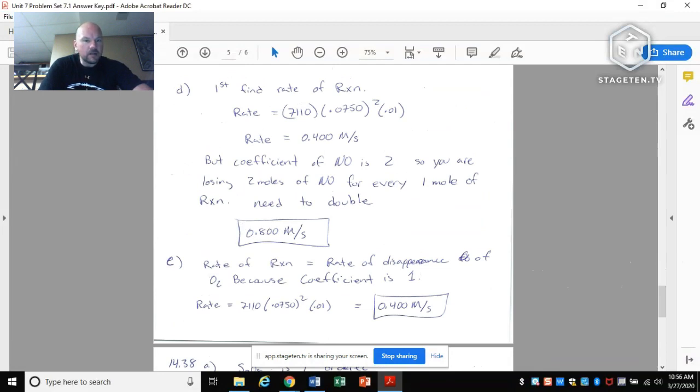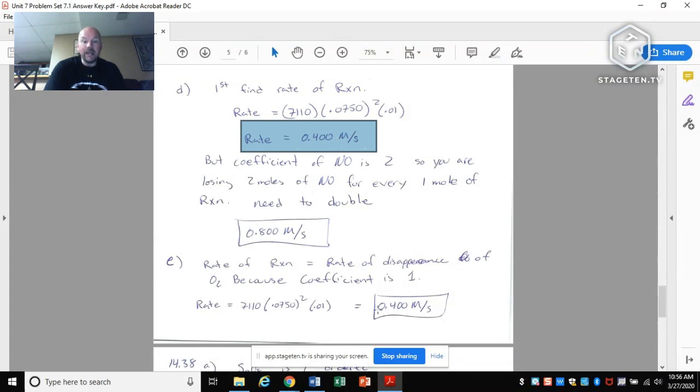Okay, so wait a minute. Sorry. When you plug it in, that is the rate of disappearance, because the rates that we were finding was the rate of disappearance. So that should just be 0.4.